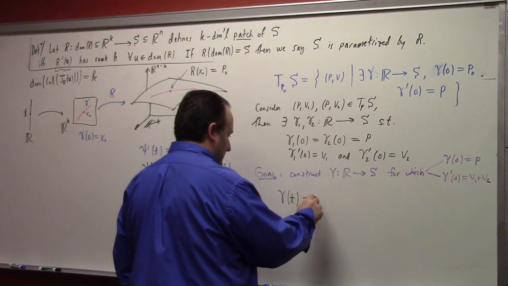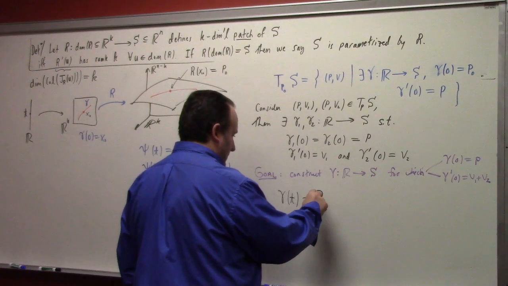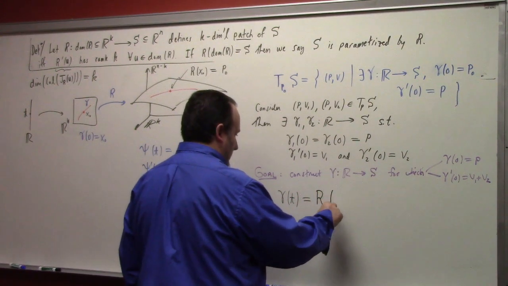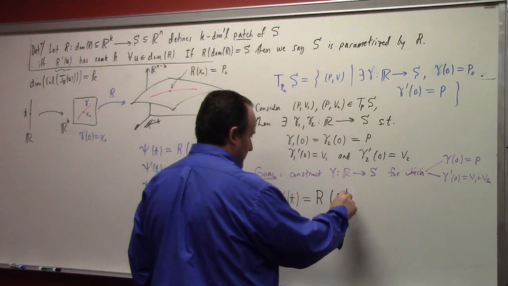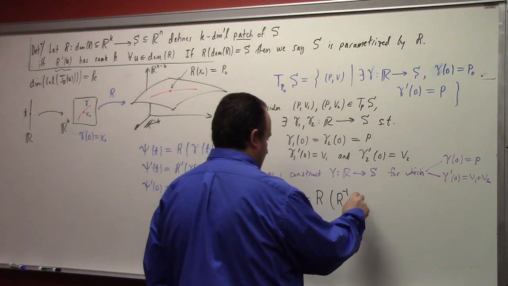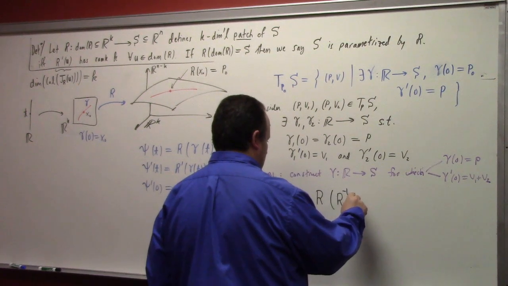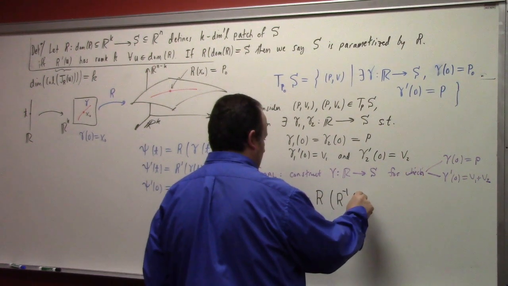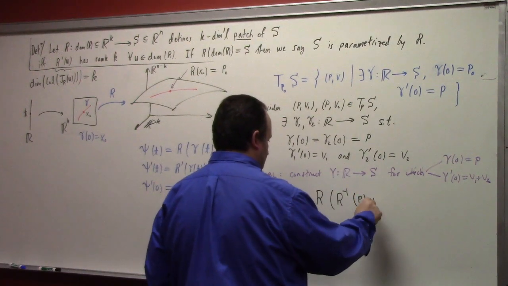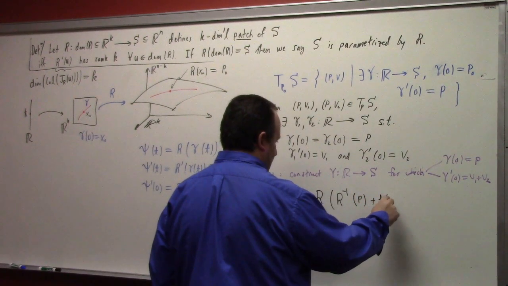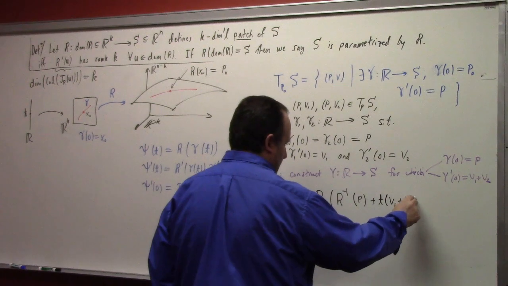How about this? R of R inverse of p plus t times v1 plus v2, maybe?